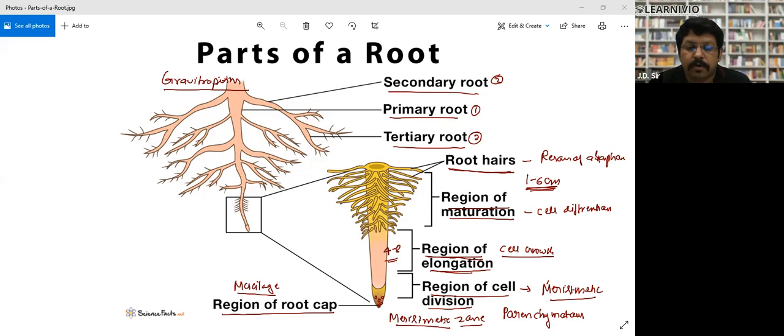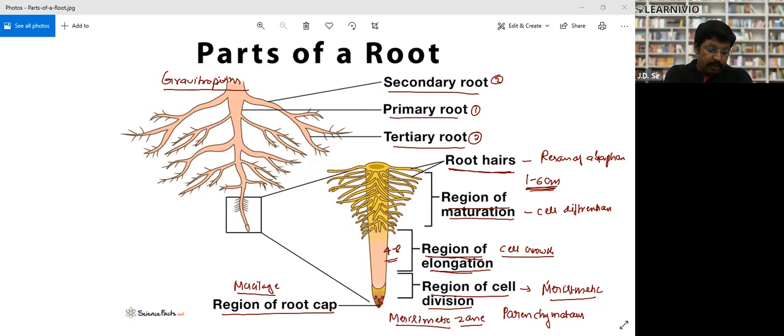The cells of this region do not undergo any further change. Next, please underline: the outermost part of this region is impermeable and does not absorb water.